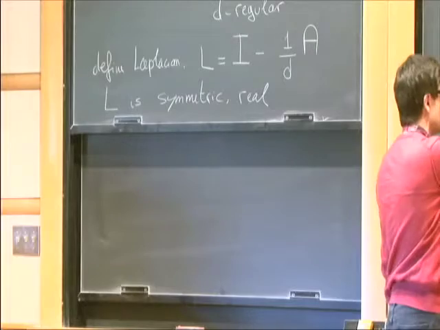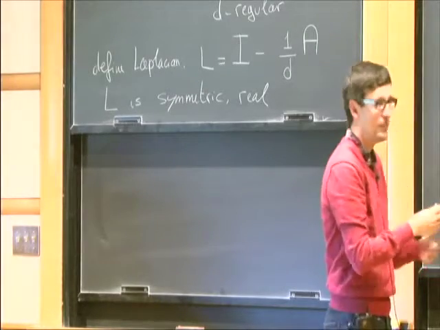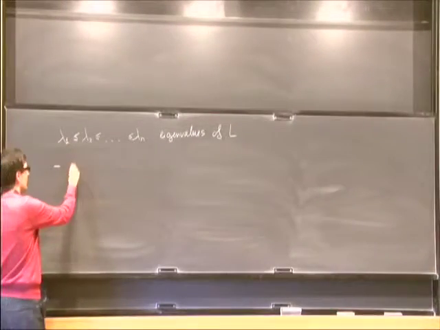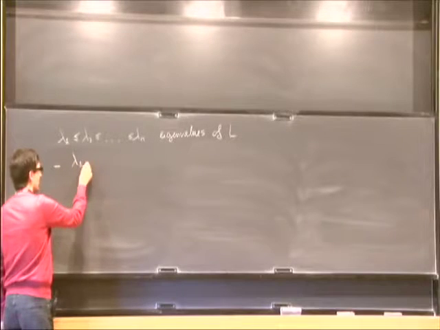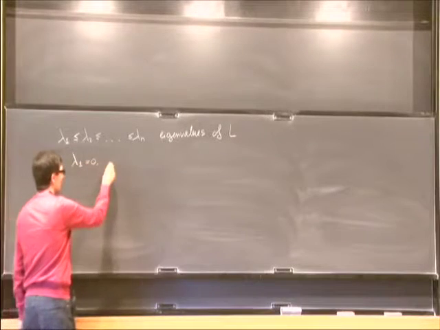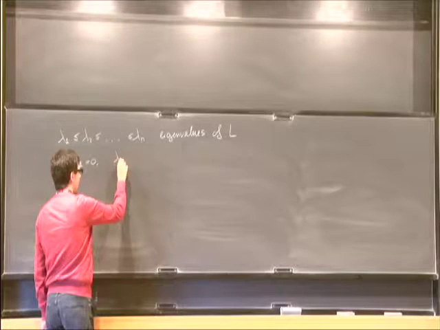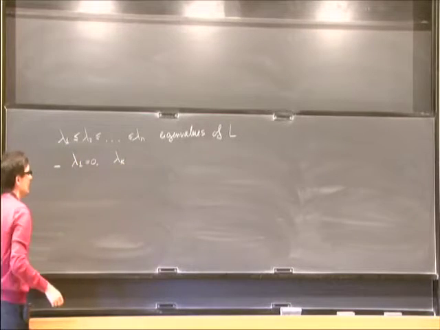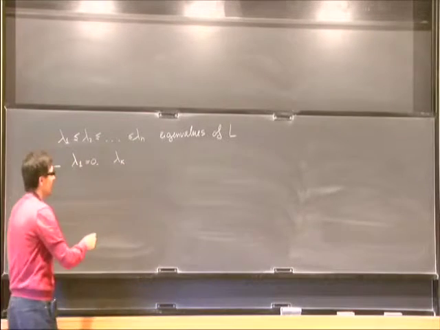So some basic facts that connect the eigenvalues of this matrix to properties of the graph are that lambda 1 is always 0. So 0 is always an eigenvalue of this matrix.